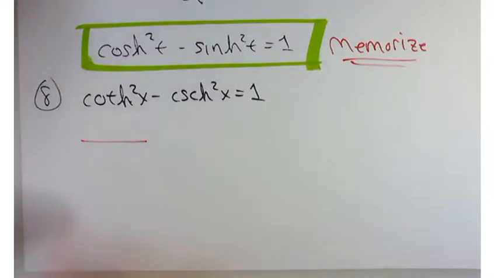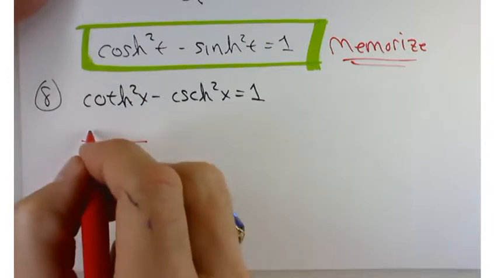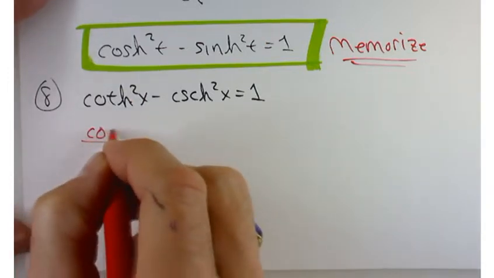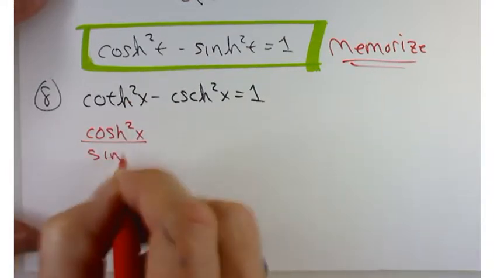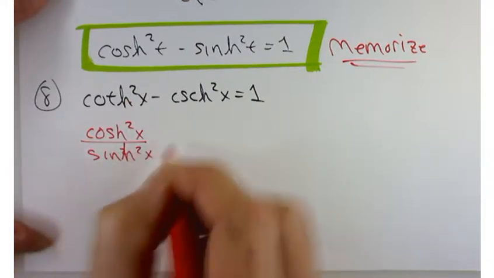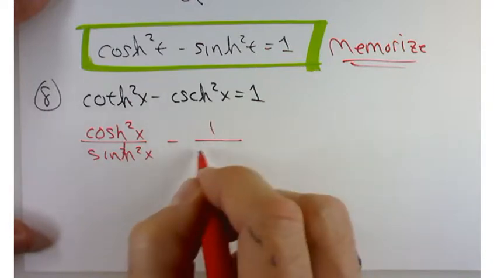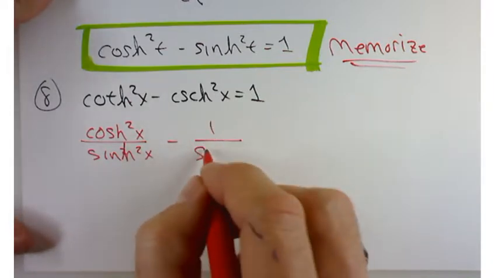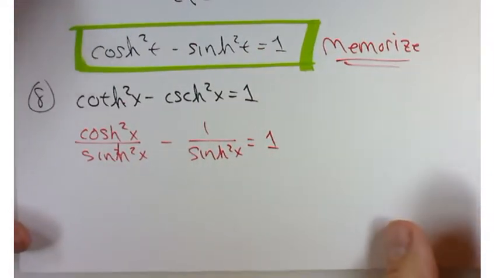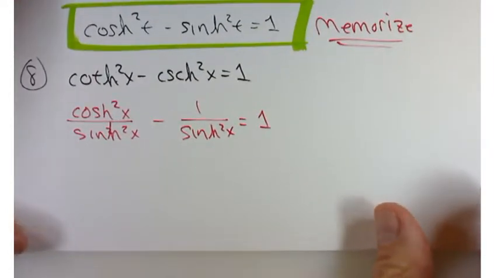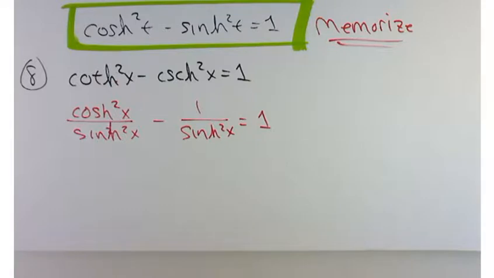Cosh over sinh. So this is cosh squared over sinh squared, and this is 1 over sinh squared. So, okay, that's kind of suggestive here. Let's see if we can't play around with this a little bit and make things happen.